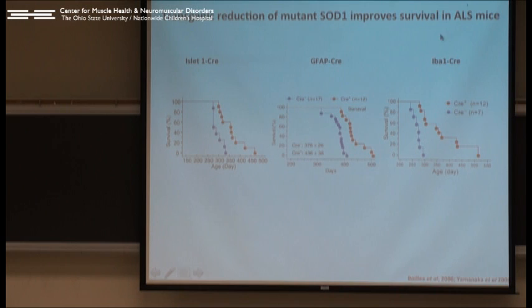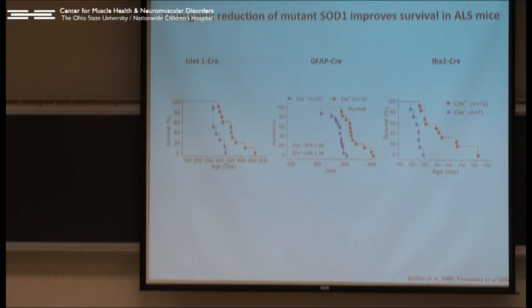Now, in EVA1 Cre across animals, EVA1 is a promoter that is expressed predominantly in microglial cells, microglia and macrophages. And that had a striking increase of survival, where animals had a median increase of survival between 80 to 100 days.